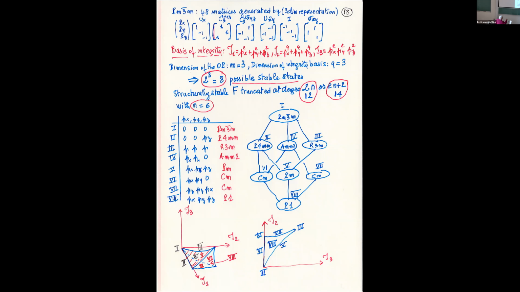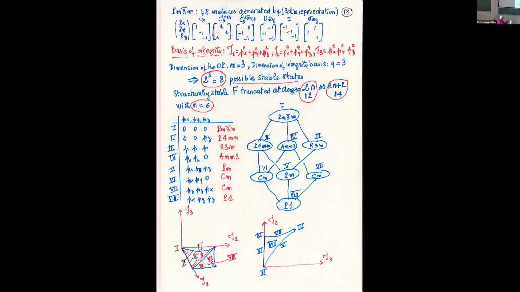Okay. So you speak about not only the second line, but the third one. Yeah, for example, what does this mean? Because if you take the intersection of P4MM and AMM2, it will give you a phase of symmetry Cn.